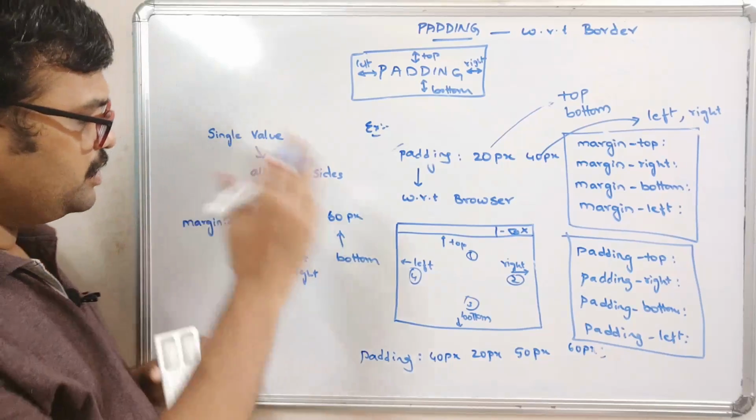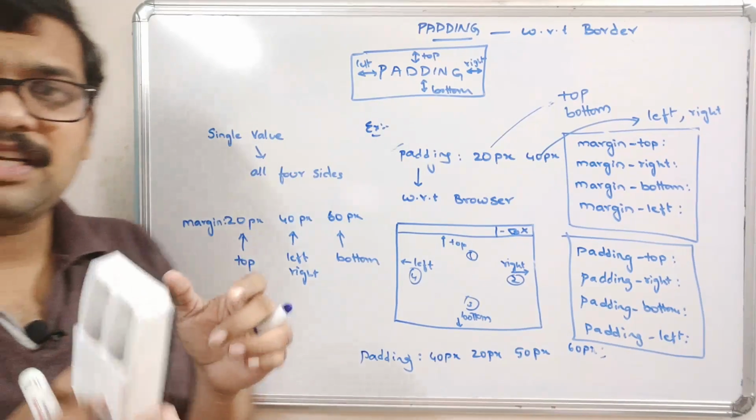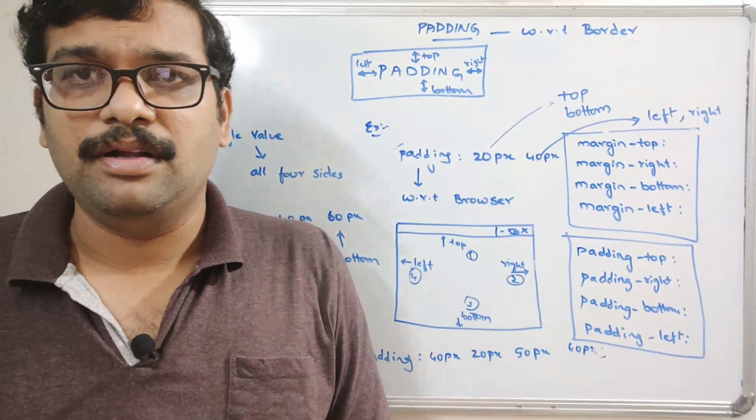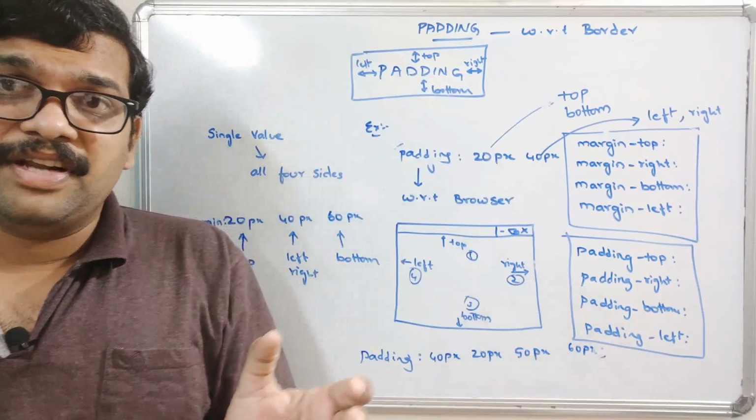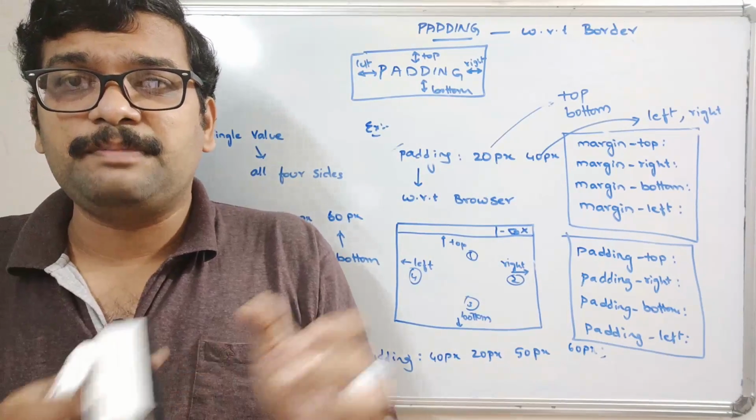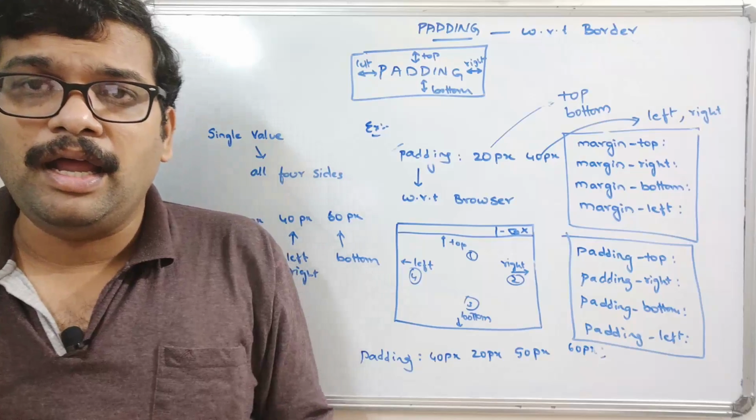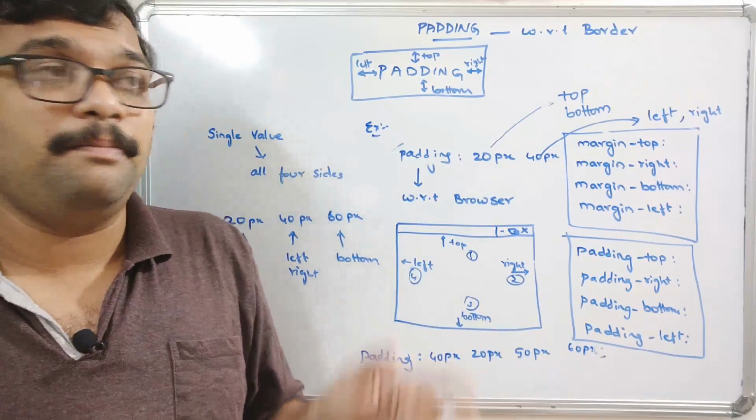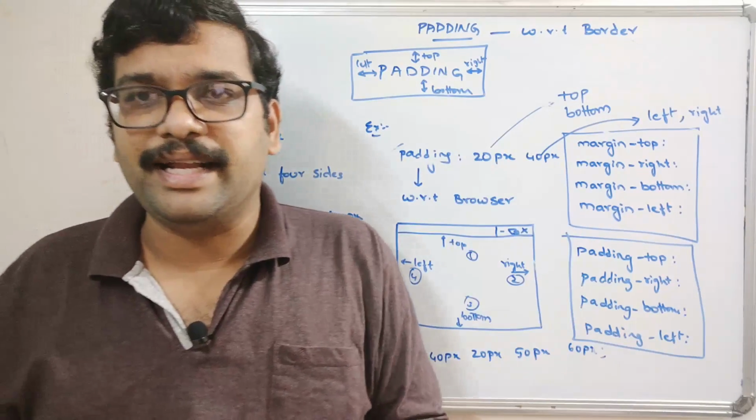Everything else is the same, just replacing margin with the word padding. But the main difference is that margin is with respect to the browser window, and padding is with respect to the border of the text.